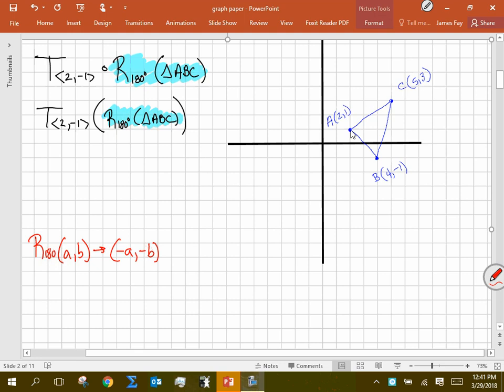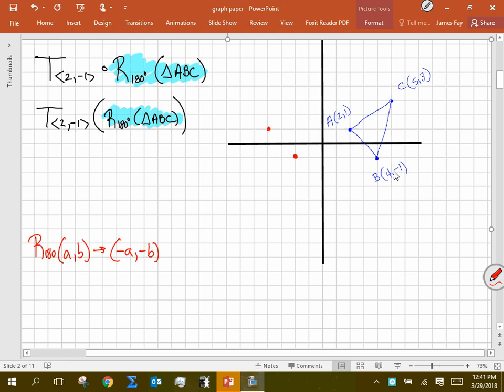So what is A going to turn into? -2, -1, right? Okay. What is B going to turn into? Yeah, -4, 1. All we're doing here is negating both the x's and the y's, right? So if I negate a negative, it becomes positive, right?